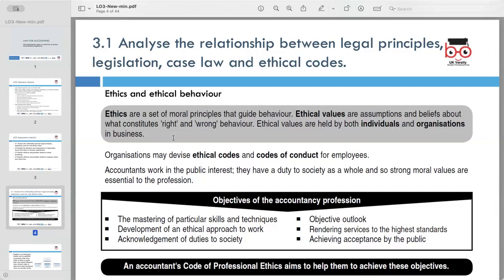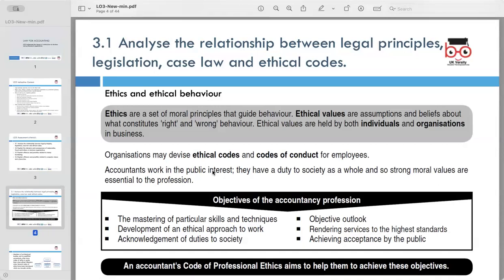To ensure adherence to ethical standards, organizations often devise ethical codes and codes of conduct for their employees. For professionals like accountants, with a profound duty to society, strong moral values are important.